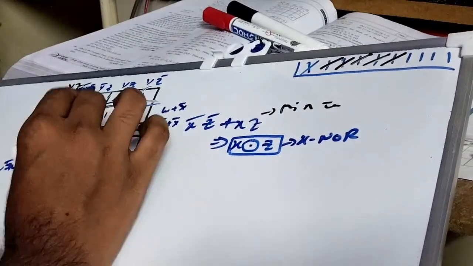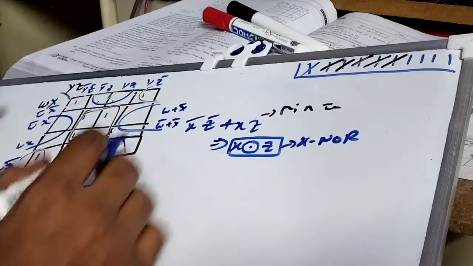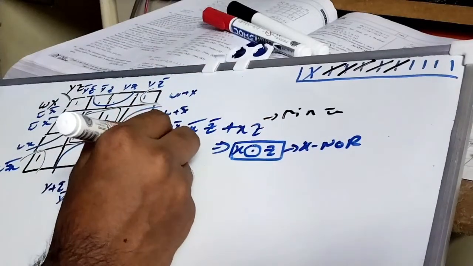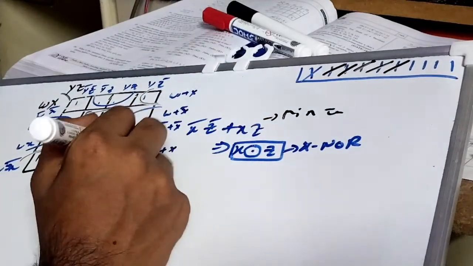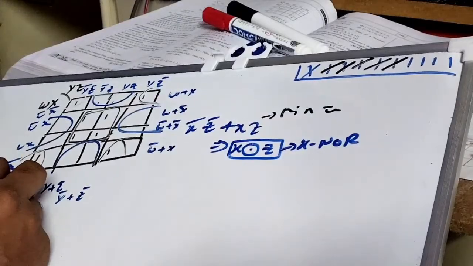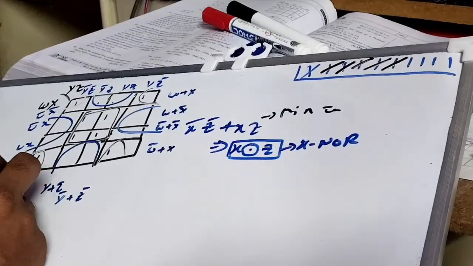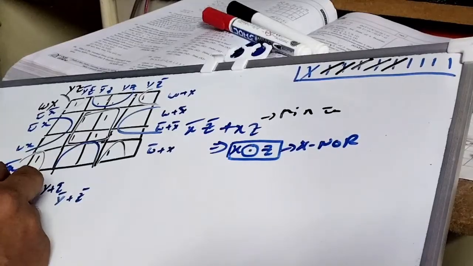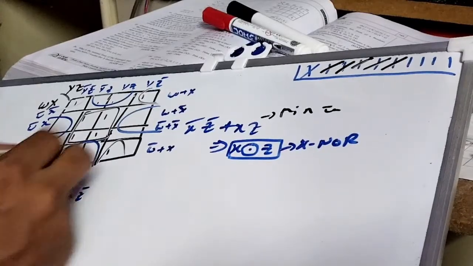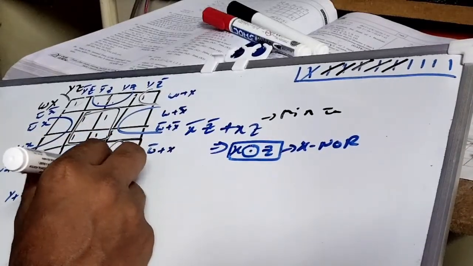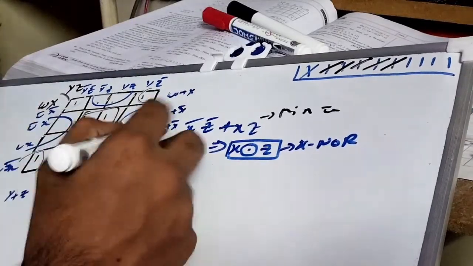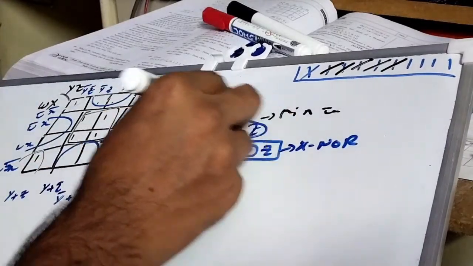Okay, if we consider these two, this is W plus X, this is W plus X plus Y. This is Y plus Z bar plus Z. Okay, fine, this analysis.